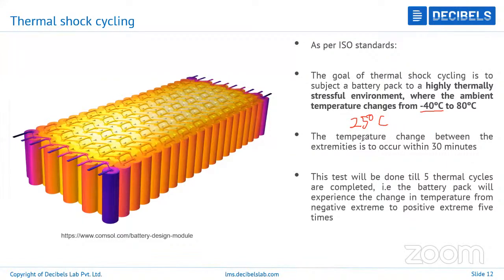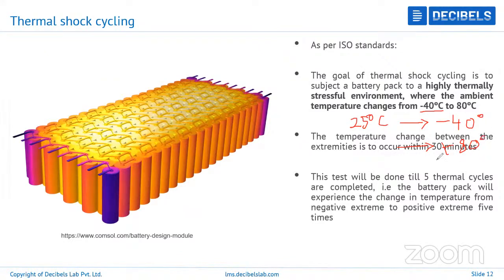Once equilibrium is obtained, the temperature will then start to change, and it will be dropped to minus 40 degrees Celsius. Once it is taken to minus 40 degrees Celsius, it will then be taken to plus 80 degrees Celsius.